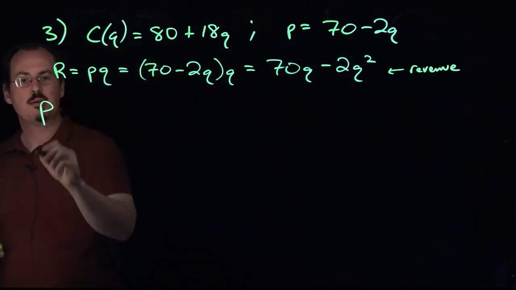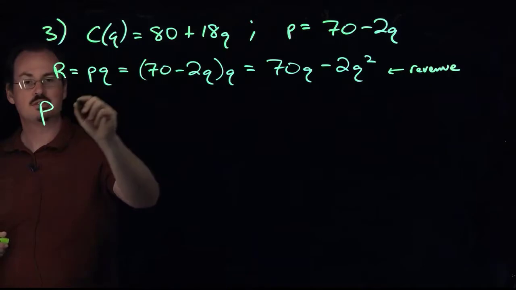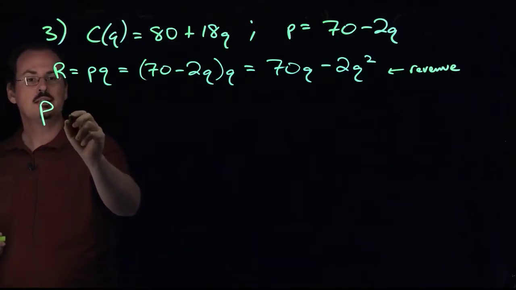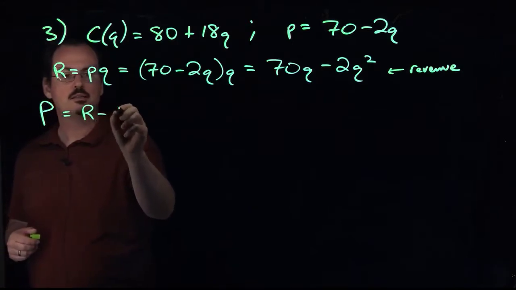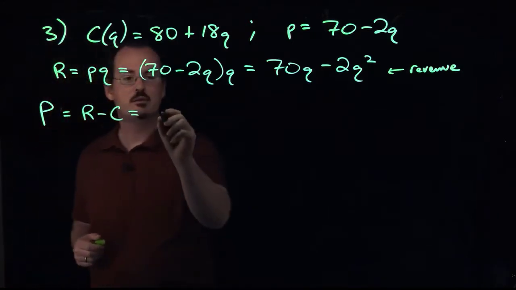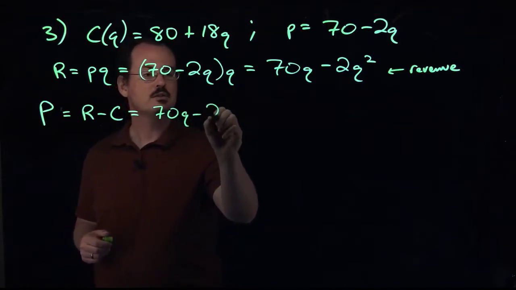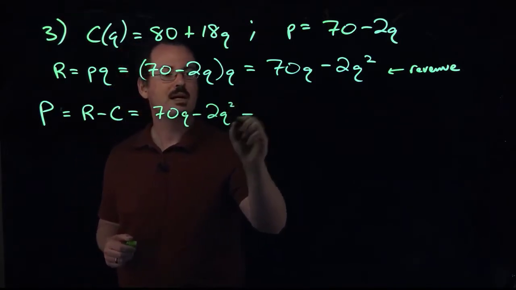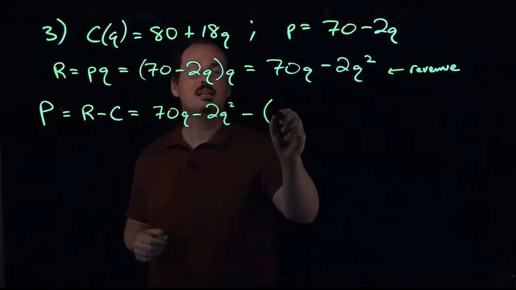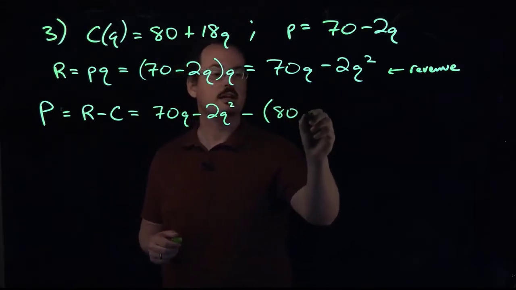And again, I'm going to use the capital P here, to distinguish that from the small p for price. So profit is defined to be revenue minus cost. And we have both of those functions now. We've got the revenue function, 70q minus 2q squared, minus the cost function. And be careful that you subtract the entire cost function.